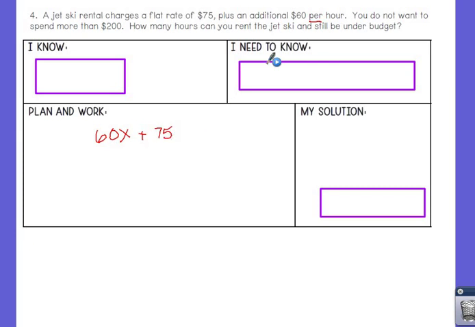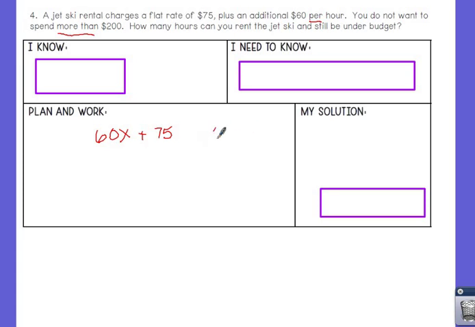You do not want to spend more than $200. A lot of people saw this "more than" and were like, oh, that's going to be a greater than sign. Is it going to be a greater than sign? They said you do not want to spend more than. So that's like saying no more than $200.